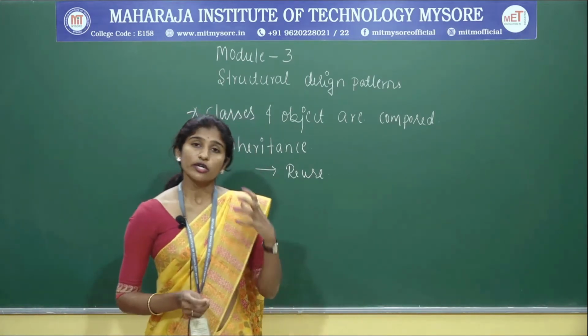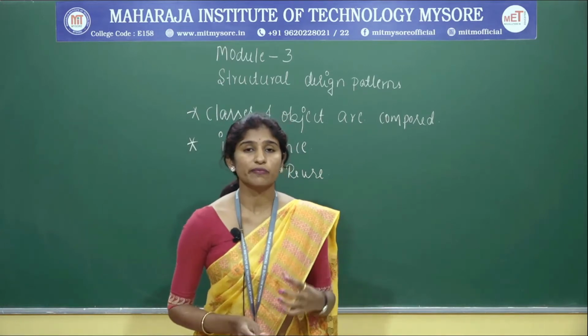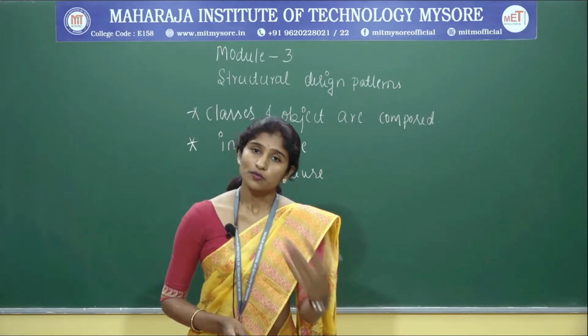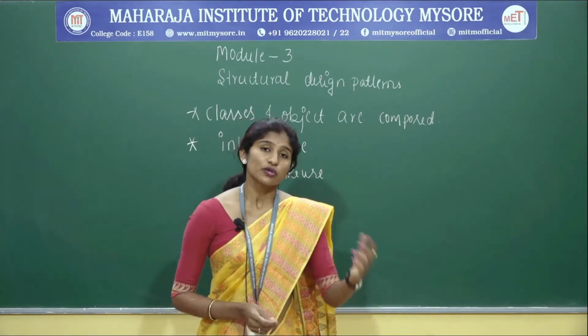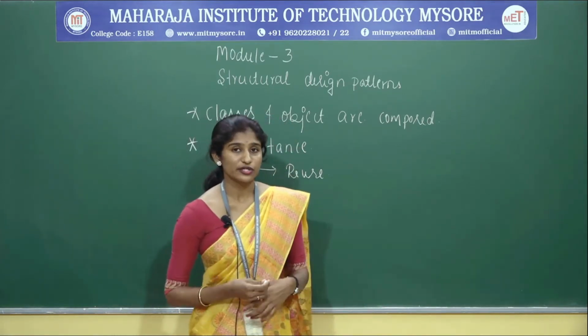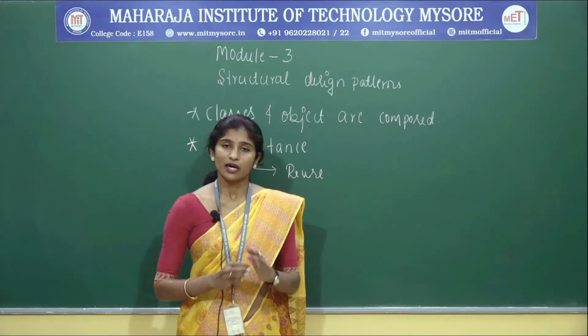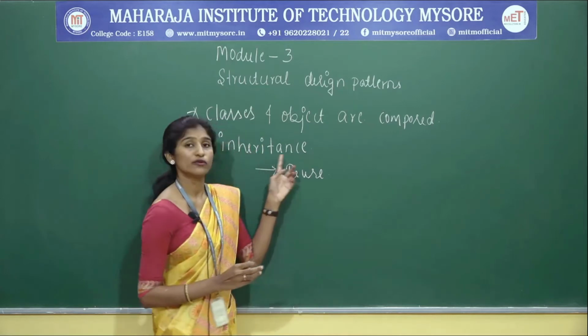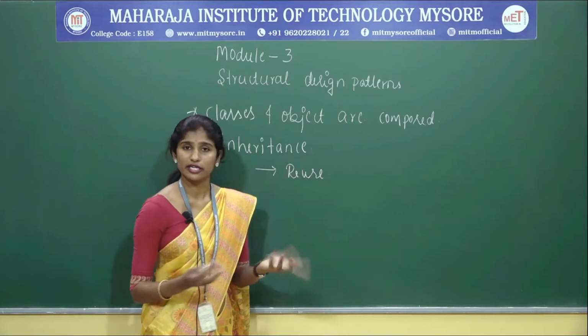In order to maintain the complex structure between classes and objects, classes with other classes, objects with other objects, we are going to have a structured, complex structure. For that, the very first thing we use is inheritance, the reuse concept.